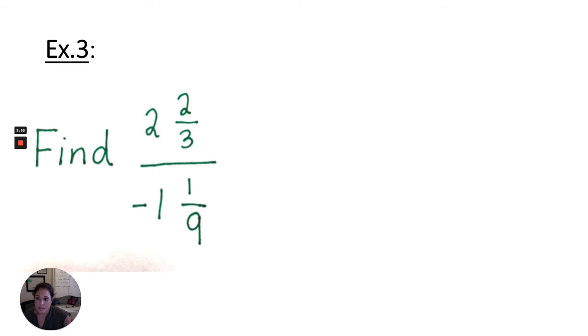Okay, our last example. Find 2 2/3 divided by negative 1 1/9. So let's rewrite this. We are first going to turn this into an improper fraction, which would be 8 over 3. And I got this because I multiplied and then added the numerator.